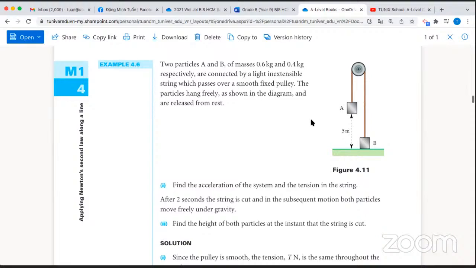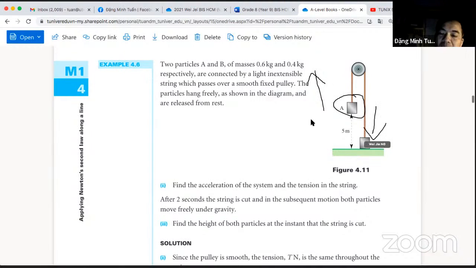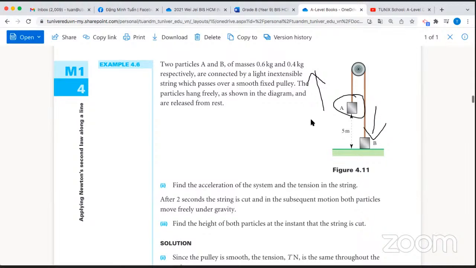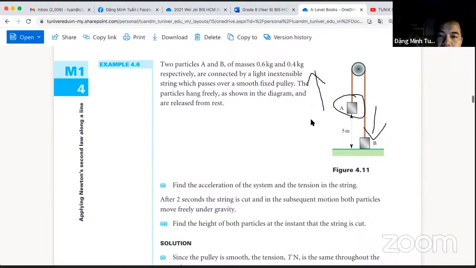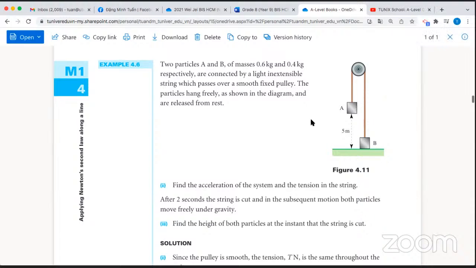The tension on the string. The acceleration is upwards for this one, but for B it's downwards. No, A is downward and B is upward, because A is 0.6 kilogram, the weight is heavier than B. I misread the problem.